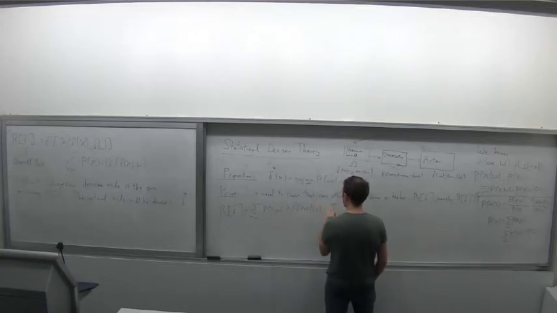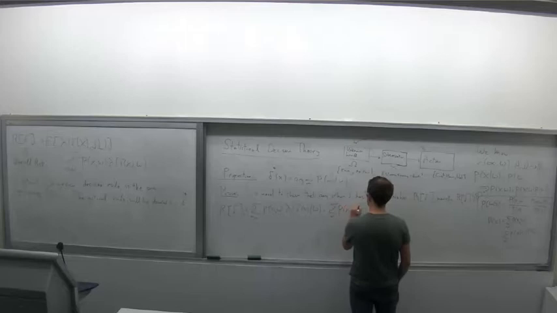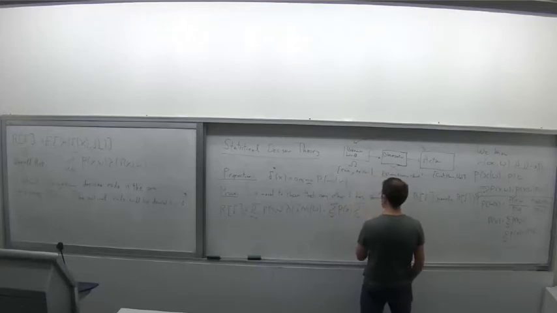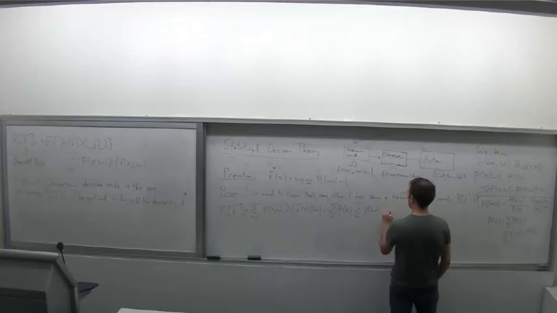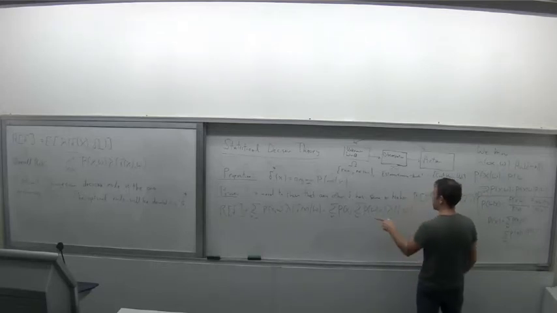I'm going to sum first over x's, and then I'll write p of x here, and sum over omega, write p of omega given x, lambda of delta x given omega.